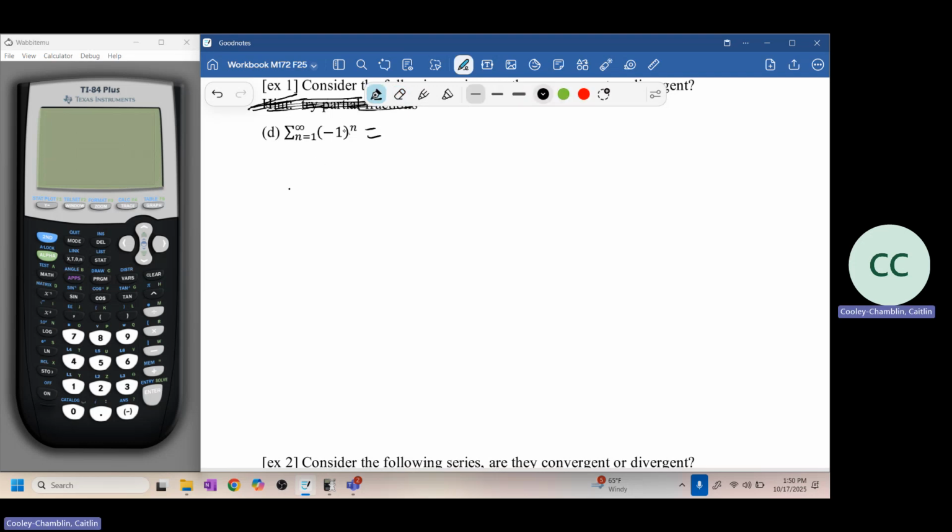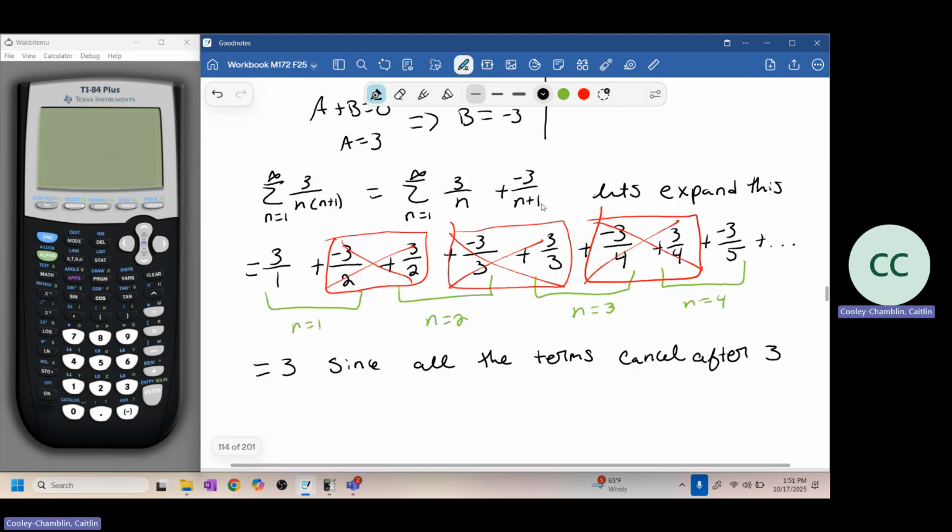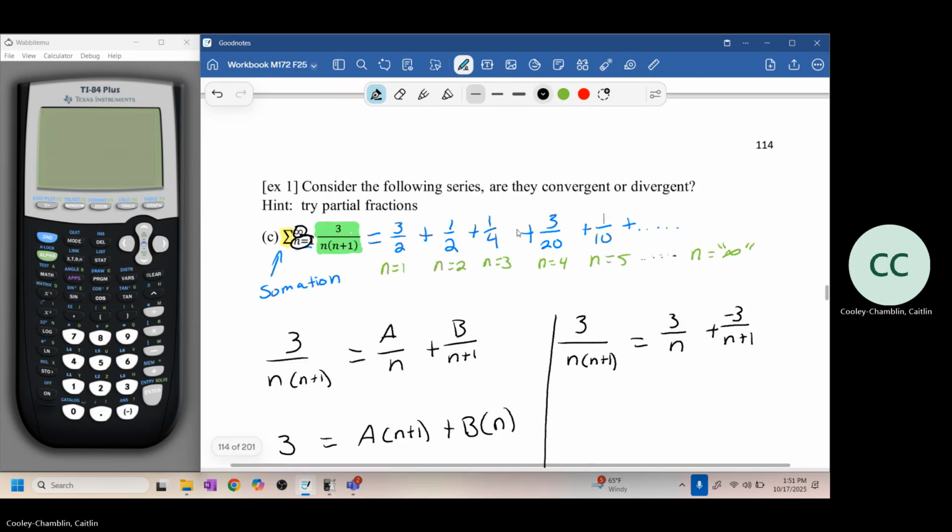So what we get is negative 1 plus 1. If I plug in 2, I get negative 1 squared. If I plug in 3, I get negative 1. Plug in 4, I get 1. And so notice the pattern. We get negative 1 plus 1, negative 1 plus 1, which is nice. It alternates like this.